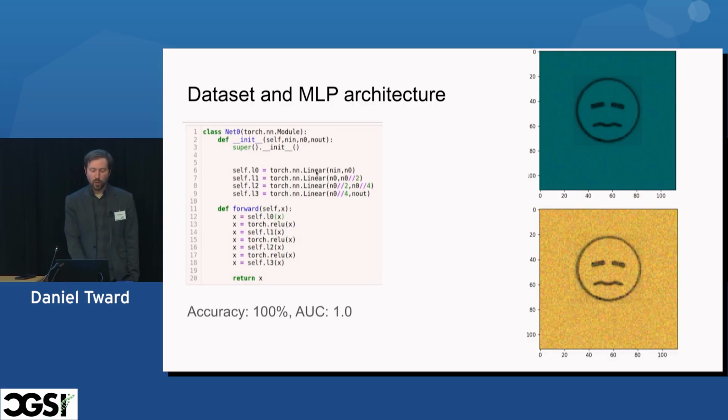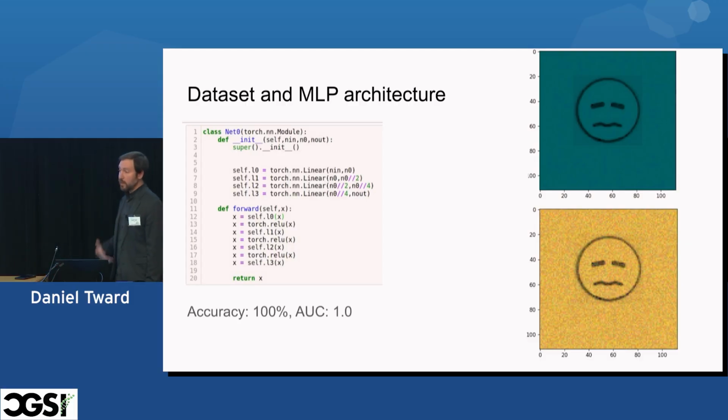We initialize 4 different linear transformations. We make sure that the number of dimensions of the input, which is the number of pixels, and the number of dimensions of the output, which is 11, are appropriate. We have some hidden layers, and in between each linear transformation, we apply a pointwise nonlinearity, which here is a rectified linear unit. A rectified linear unit means if the pixel value is negative, you set it to 0. If it's positive, you don't change it. This is a very common nonlinearity used in image analysis.